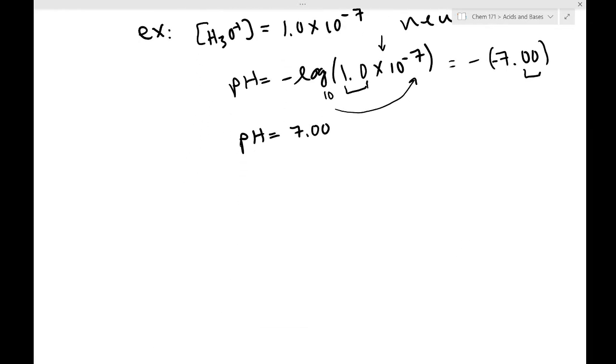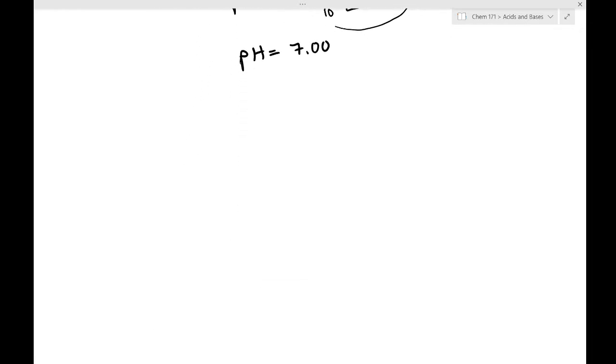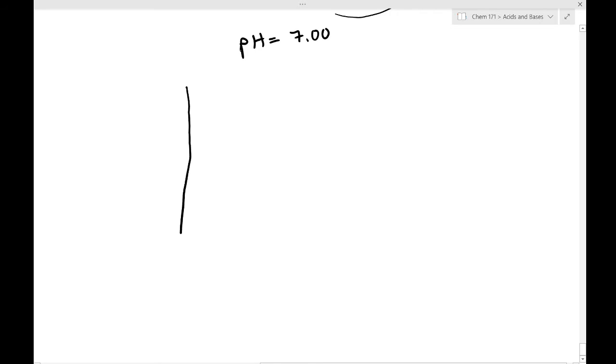Okay, so this brings us to the pH scale. The pH scale basically goes something like this. Let's redraw that line. Right in the middle, we have neutral, which is a pH of 7.